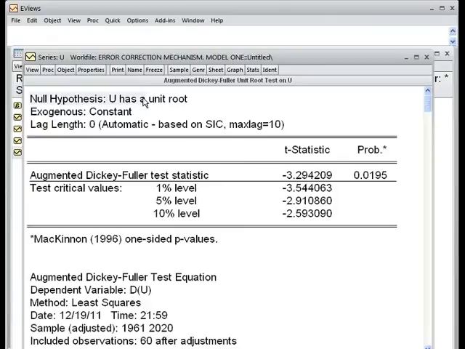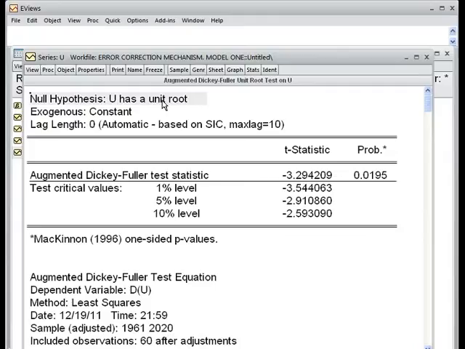You see, what is our null hypothesis? U has a unit root. U has a unit root means what? It means U is non-stationary. That is the null hypothesis. And what is the alternative hypothesis? The alternative hypothesis is U is stationary.